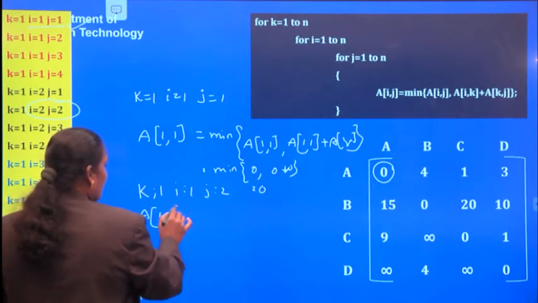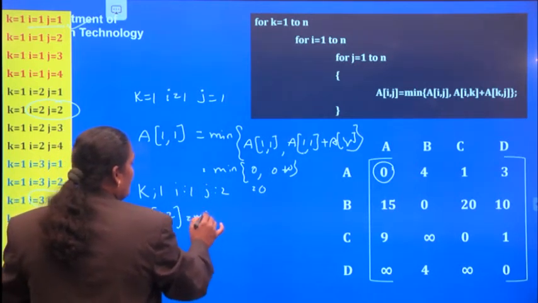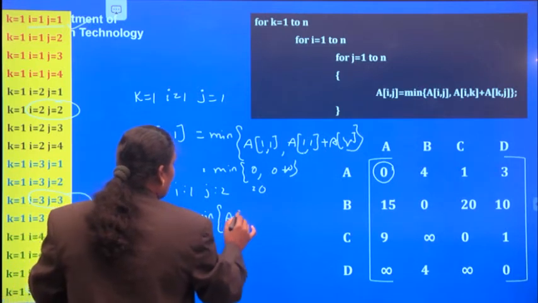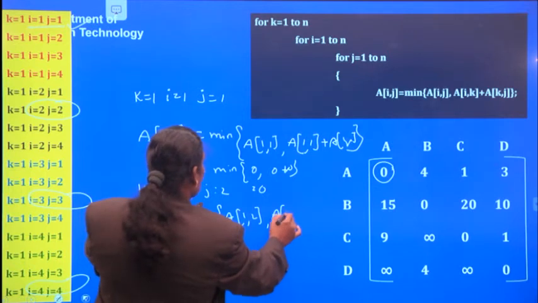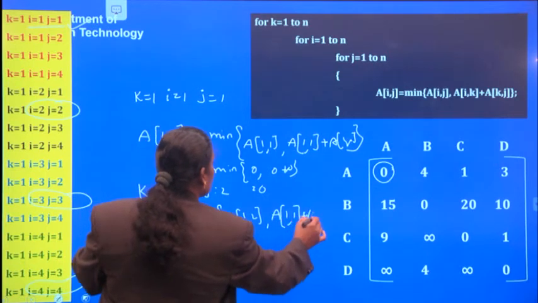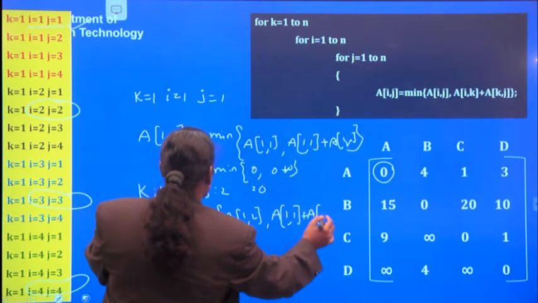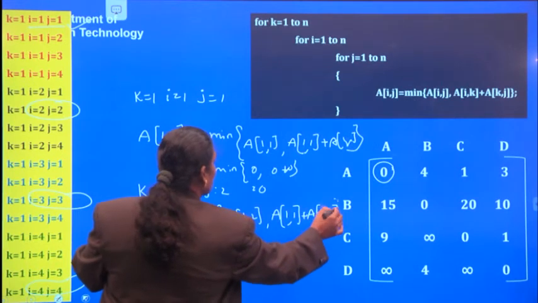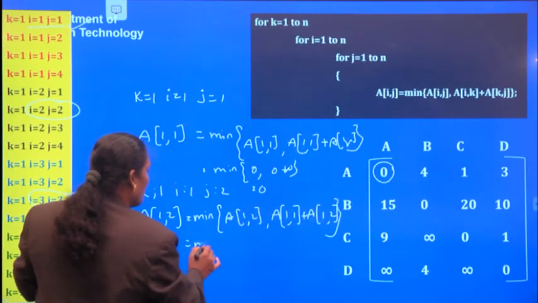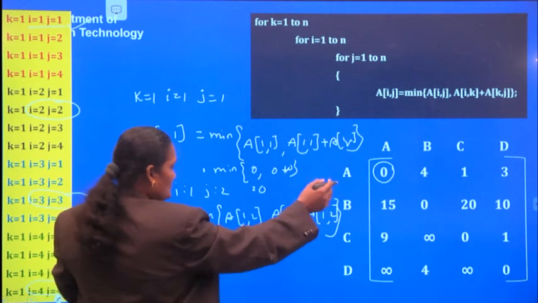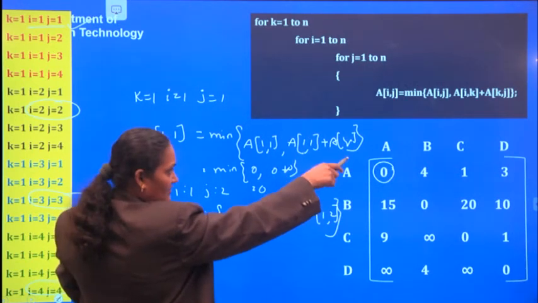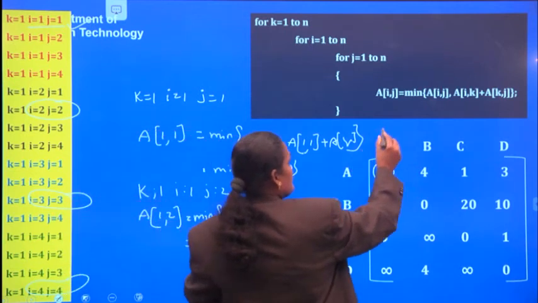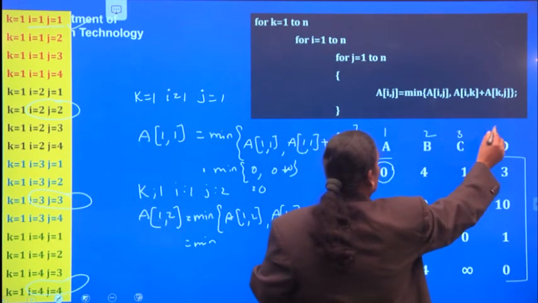A[i][j], that is A[1][2], is equal to the minimum of A[1][2], comma, A[i][k], where i is 1 and k is 1, plus A[k][j], where k is 1 and j is 2. So that is the minimum of, what is the A[1][2] value? 1, 2 means here AB, the cost of traveling from A to B. Here you can represent these as 1, 2, 3, 4 also.